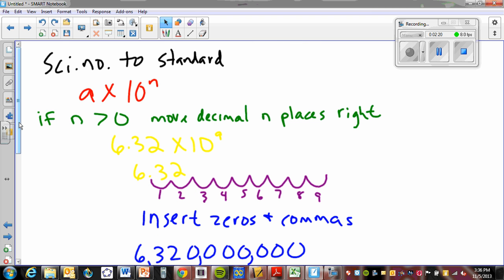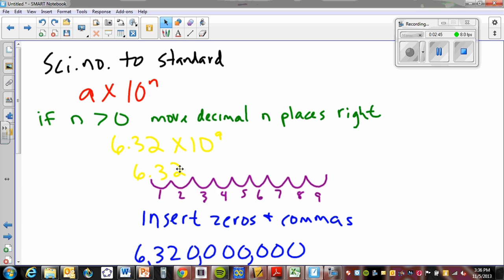Now, if we're trying to go the opposite direction, they're going to give us a times 10 to the n. So this will be our number between 1 and 10, and this will be the number of places we're going to be moving it. If this number here is bigger than 0, which is not a negative, we move the decimal back to the right that many places. So in this case, 6.32 times 10 to the 9th.